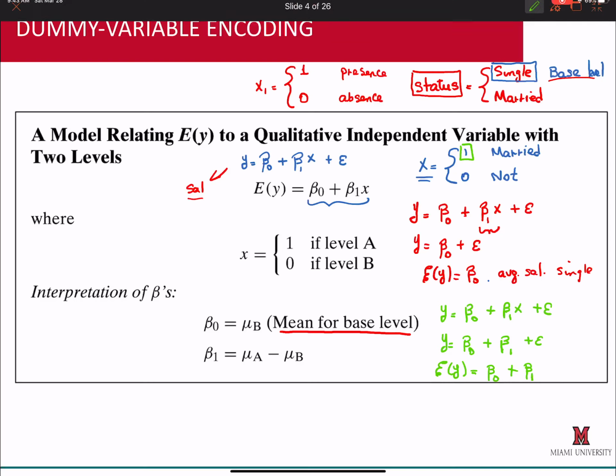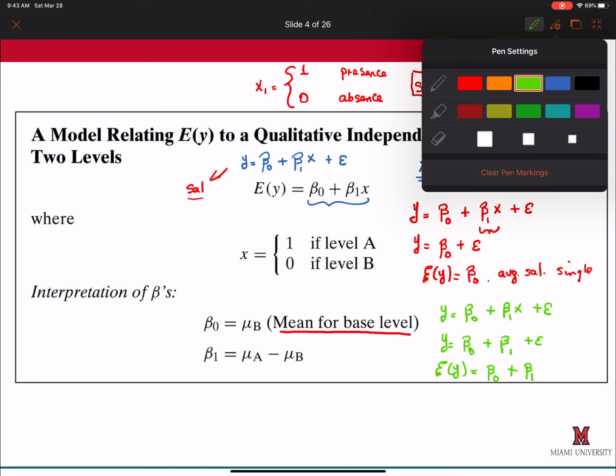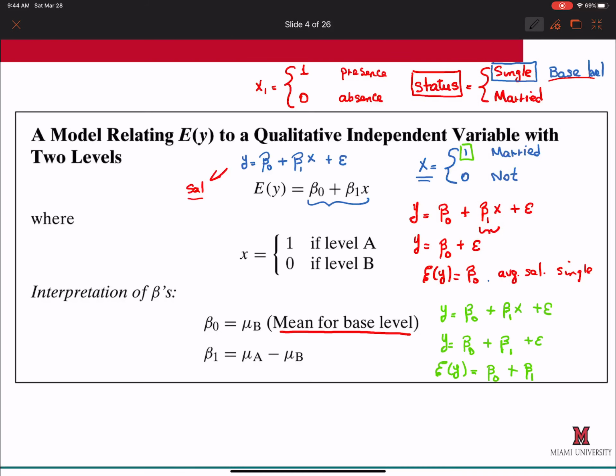In other words, beta 1 is the difference between somebody who is single and somebody who is married, the extra amount, either negative or positive. This beta 1 parameter can be positive or negative, so it is the actual difference in the average salary.